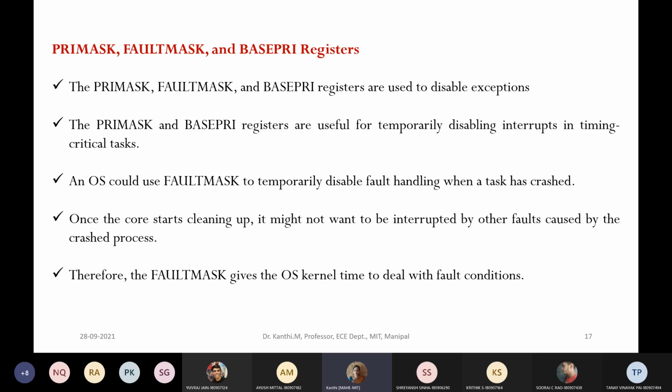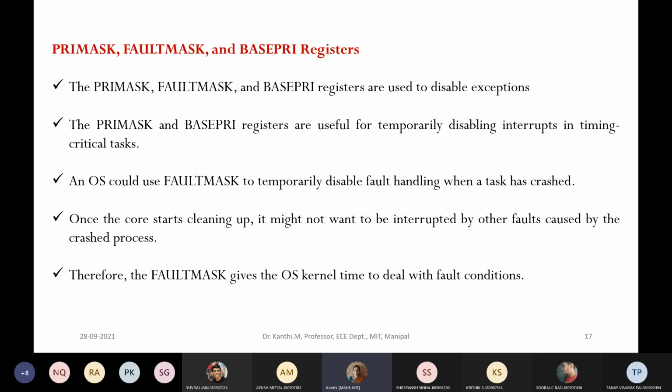Coming to the mask registers, these are used in exception handling: primary mask, fault mask, and the base priority registers. Your operating system can use the fault mask to temporarily disable fault handling when a task has crashed.